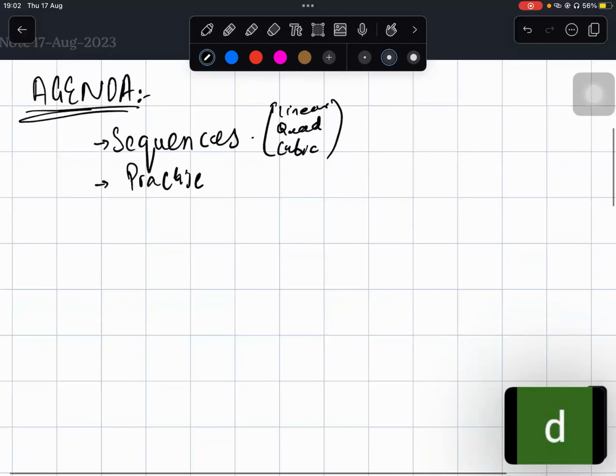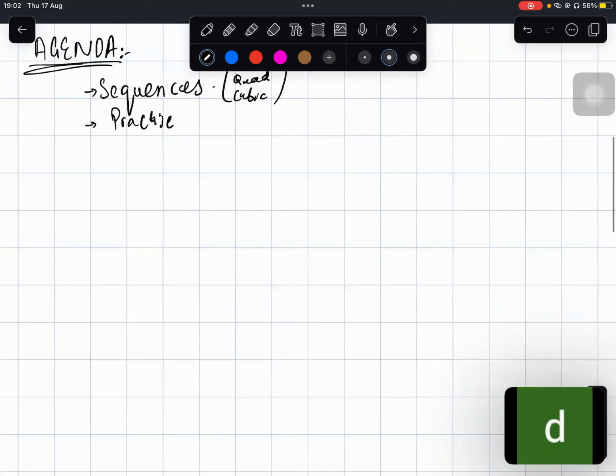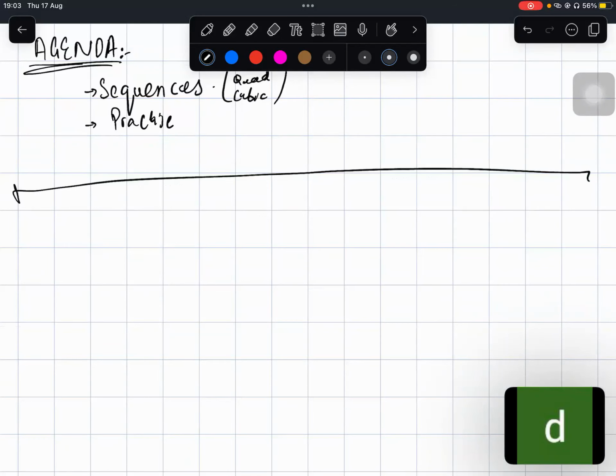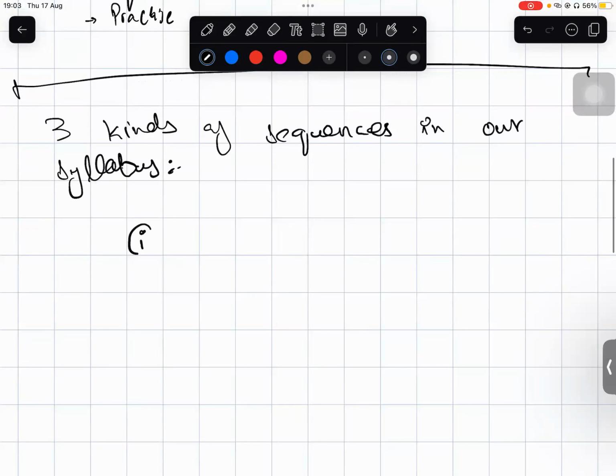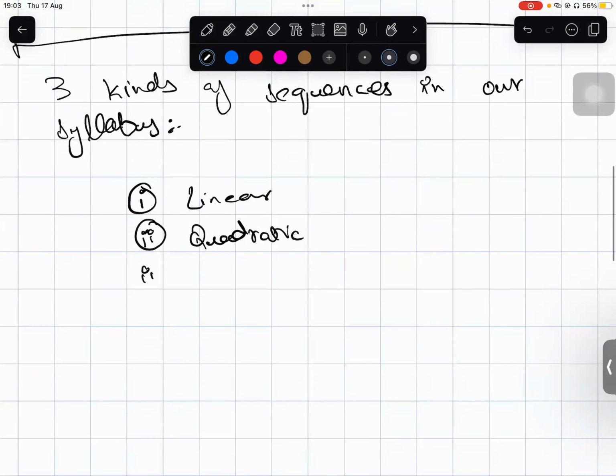So just a quick recap. We studied that there are three kinds of sequences in our syllabus. You've got your linear sequence, you have got your quadratic sequence, and you have your cubic sequence.